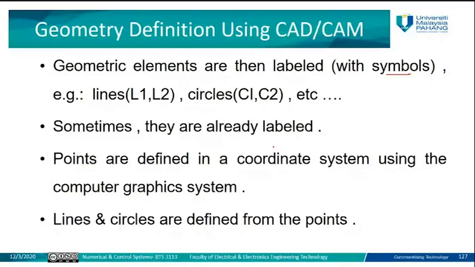He will make the design, but this design should be understood by others in the team. So they have to use some standard form or standard characters to define the drawings, lines, circles, and so on. Also the coordinates, the flow of the points, or the path of the machine.